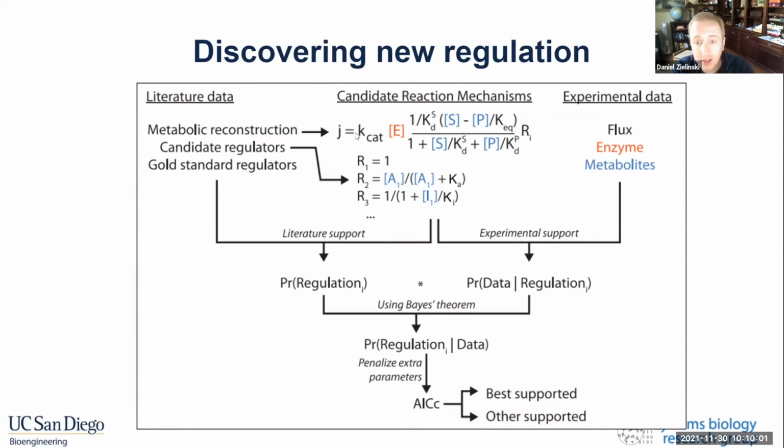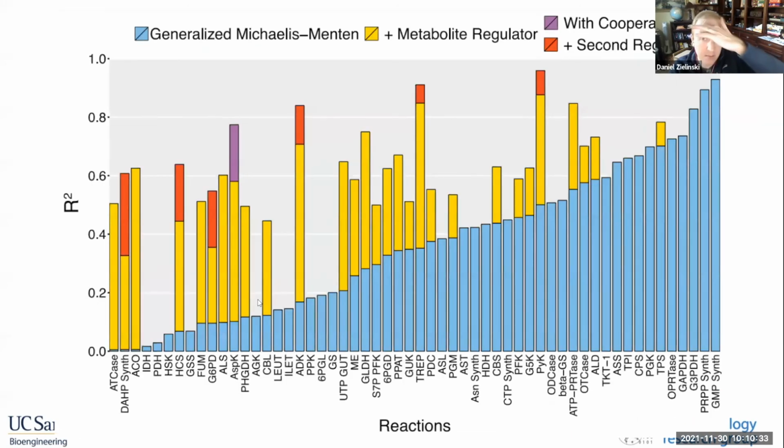So here, what they do is they take the expected values and then they plug in different candidate regulation events in a Bayesian way, to try to predict whether or not a new regulatory event was supported. So in other words, if they try to add random regulators into these rate laws, can they get evidence that it actually helps explain the observed flux change? And this is what that looks like.